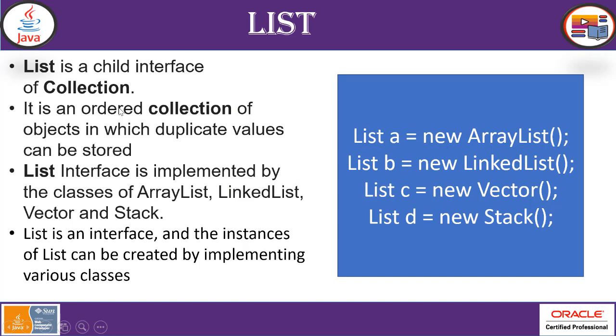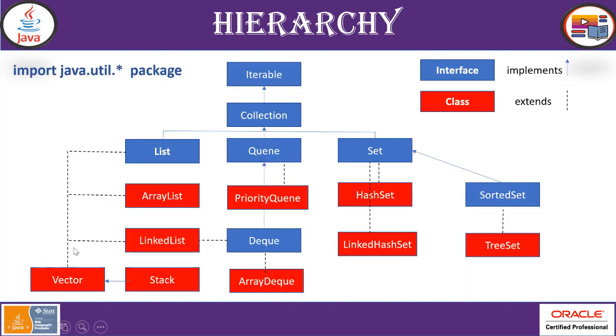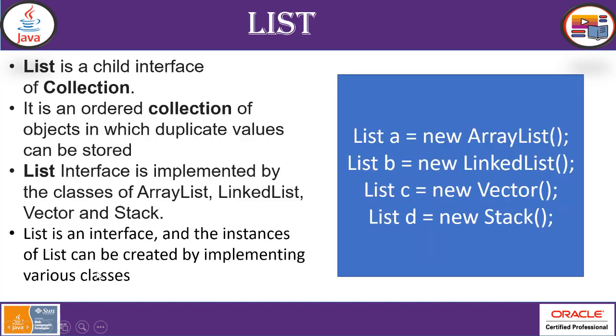It is an ordered collection of objects in which duplicate values can be stored. The List interface is implemented by the classes ArrayList, LinkedList, Vector and Stack. That's what we have seen in this hierarchy: List is extended by the ArrayList, LinkedList, Stack and Vector subclasses. List is an interface, so instances of List can be created by implementing various classes.